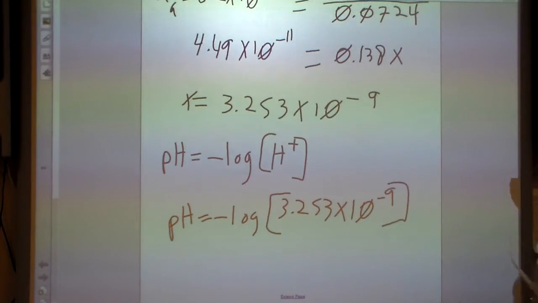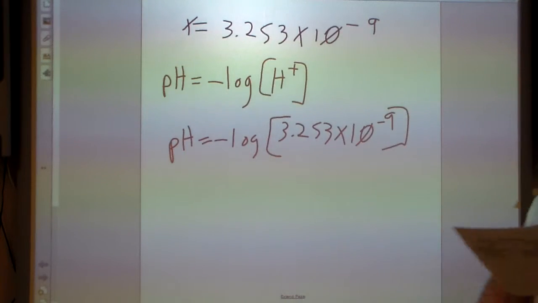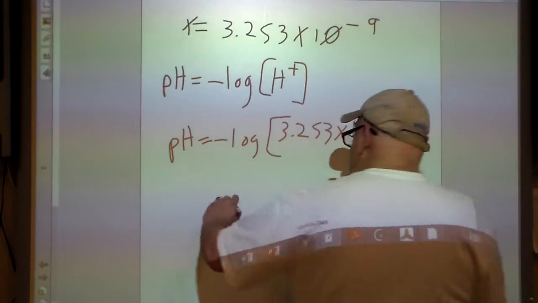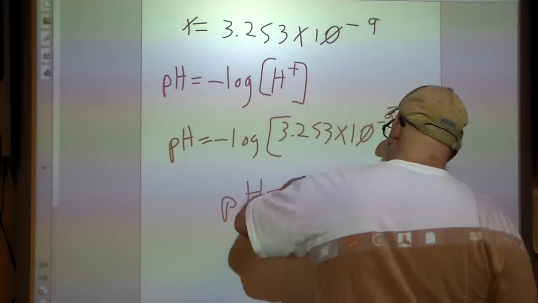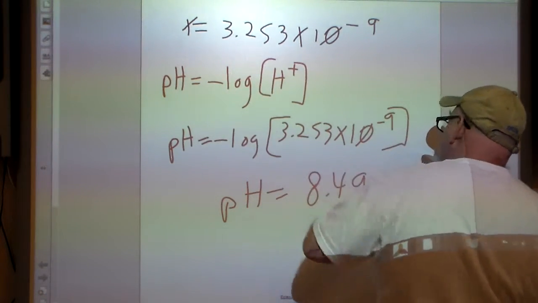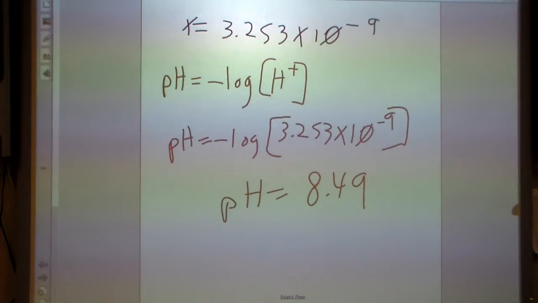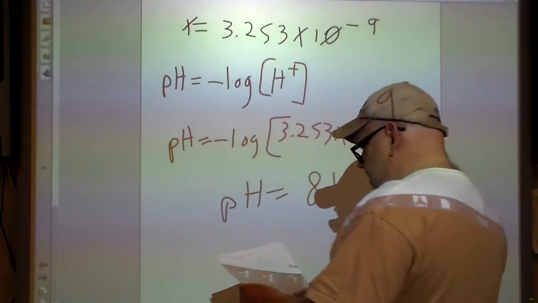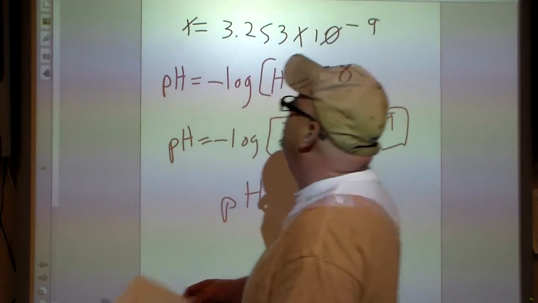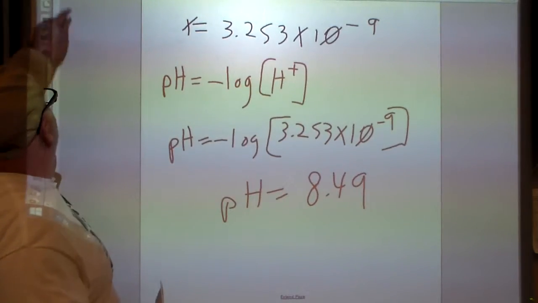Remember, that's the concentration of our hydrogen ions. And thus, our pH is equal to 8.49. Woo! That is absolutely something.